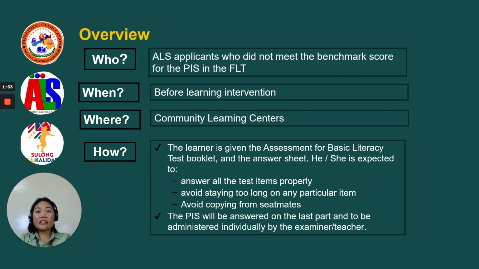The learner is given the Assessment for Basic Literacy Test booklet and the answer sheet, and is expected to answer all the test items properly, avoid staying too long on a particular item, and avoid copying from seatmates. The PIS will be answered in the last part and administered individually by the teacher or the examiner.